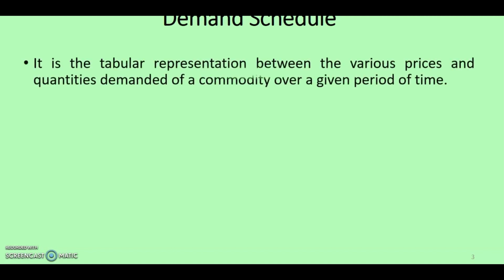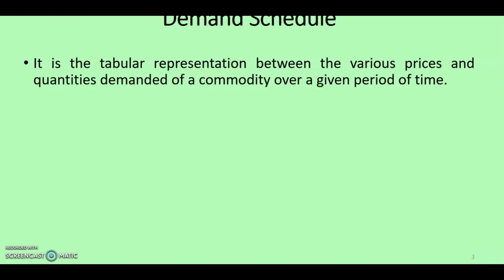Now we look at certain concepts under demand. The first is demand schedule. So let's define what demand schedule is. It is the tabular representation between the various prices and quantities demanded of a commodity over a given period of time. So the underlining word here is a tabular representation.